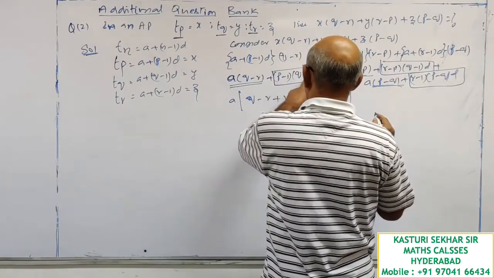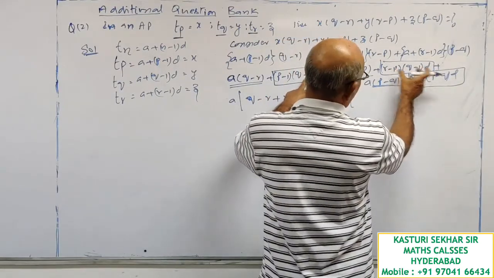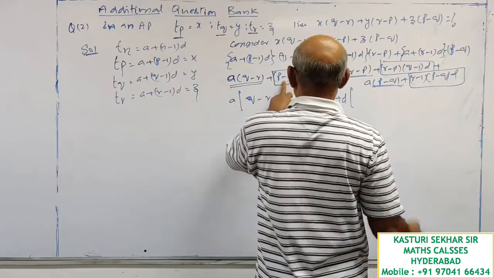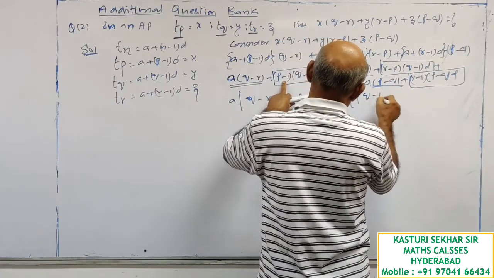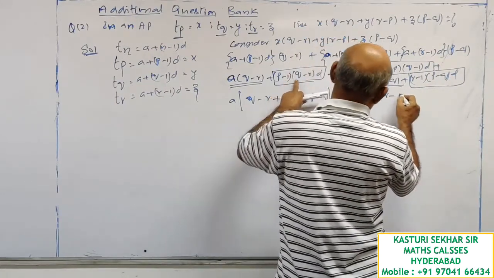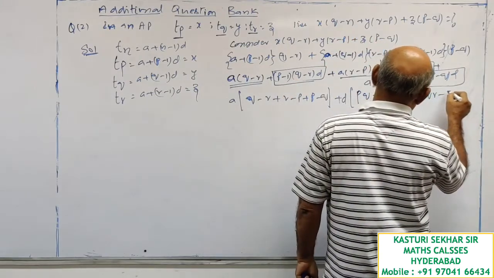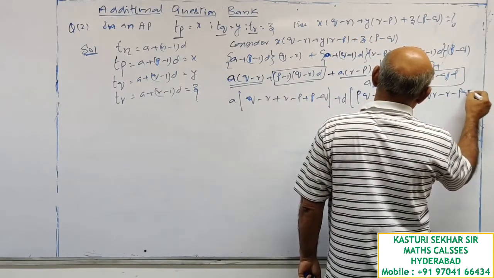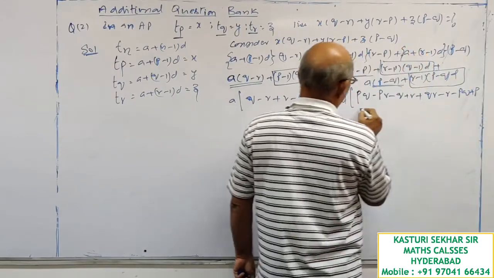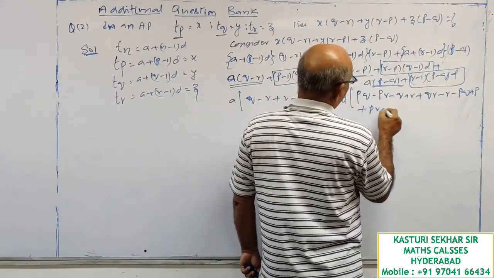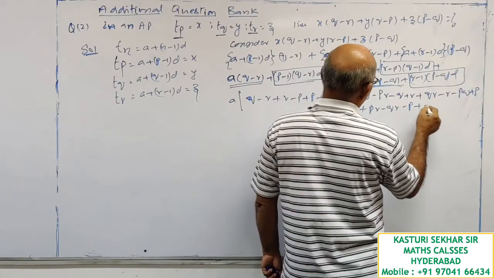So product of these two plus product of these two terms and product of these two. Open the brackets: pq minus pr minus q plus r, qr minus r minus pq plus p, plus pr minus qr minus p plus q.